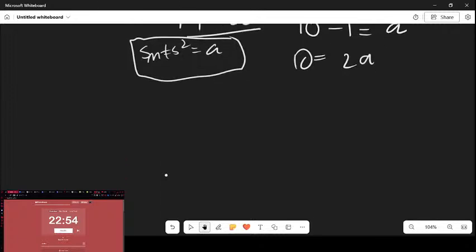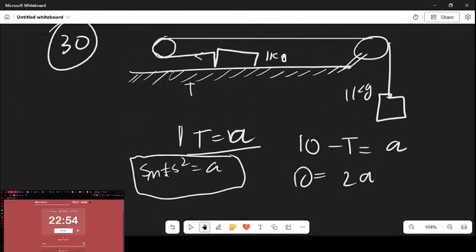And you can find the tension. Tension T is equal to acceleration, 5 Newton.